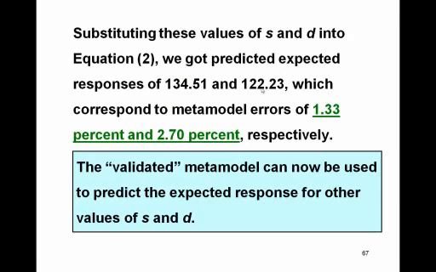And if we plug 30, 20 into our meta model, we get $122.23, which differs from the simulated value by 2.7%, both of which are small errors.